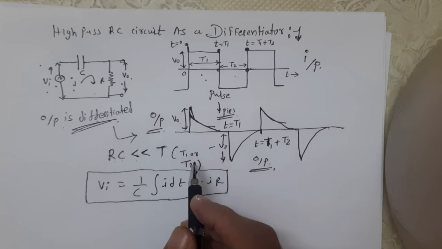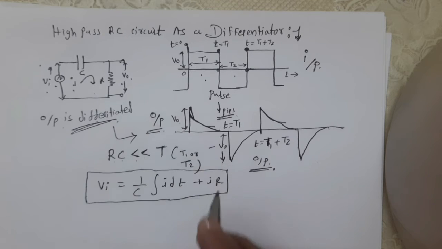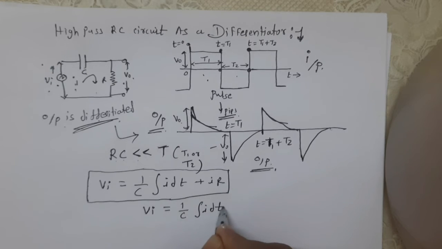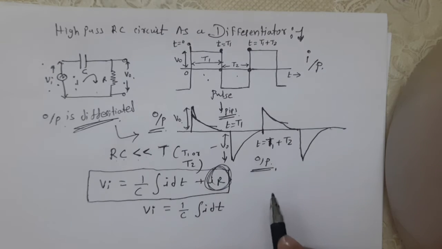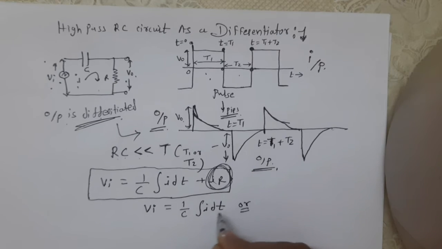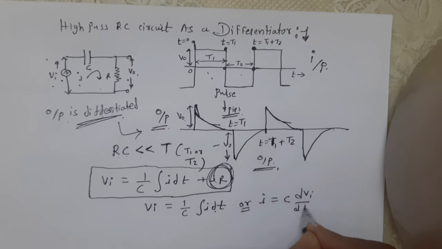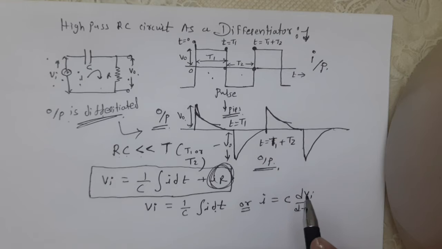Now, if the time constant RC is small compared to the interval of the applied voltage, then the capacitor will charge and discharge rapidly. Of the two terms in the equation for Vi, the first term will be predominant, so we can write Vi is equal to 1 upon C integration of I dt, neglecting the second term. From this, I is equal to C dVi by dt.